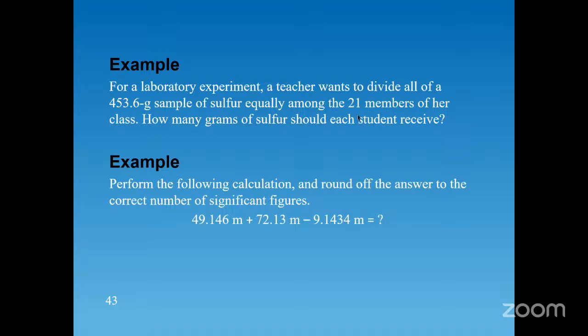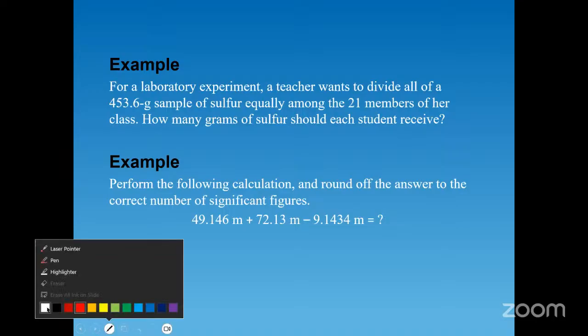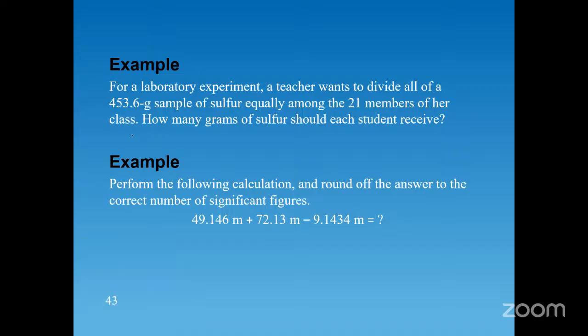So the question is asking how many grams each student should receive. This is a very easy calculation. We all know what to do, right? Basically, you're going to divide the mass by the number of students. So the total mass is 453.6 grams. And we're going to divide that by 21, right?